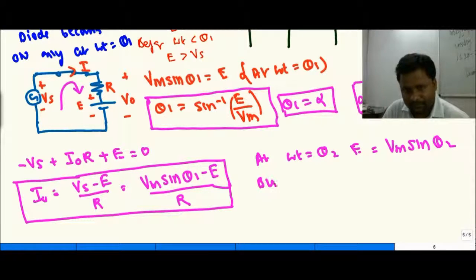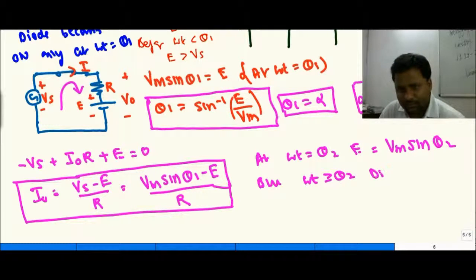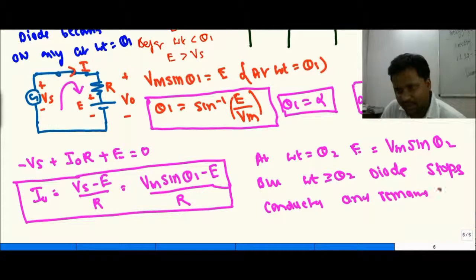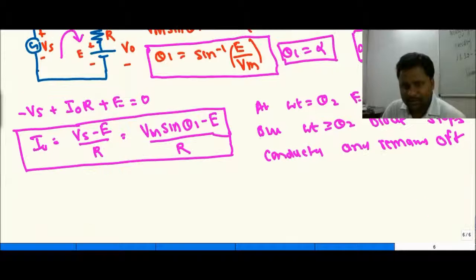But for omega t greater than theta 2, the diode stops conducting and remains off, because E is greater than Vs.